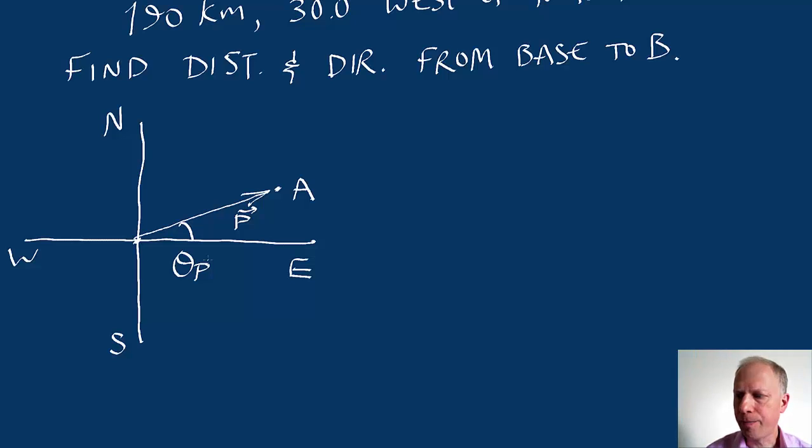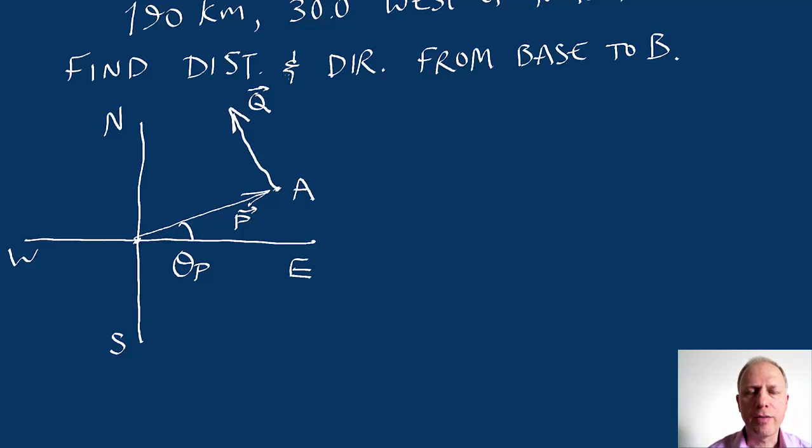The second flight was in the direction 30 degrees west of north. North would be straight up. I need to go 30 degrees west of there, which is further counterclockwise. So roughly like so. I'm going to call that vector Q, the displacement in the second flight.